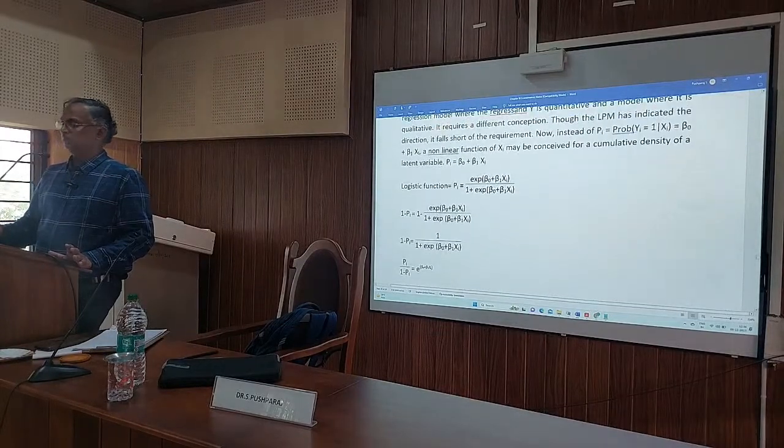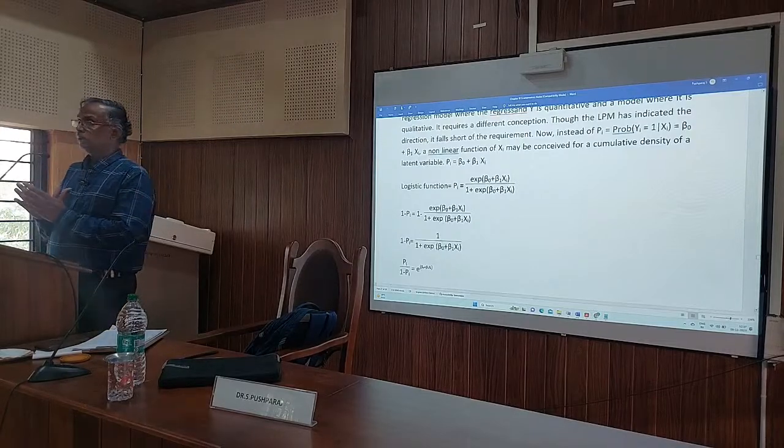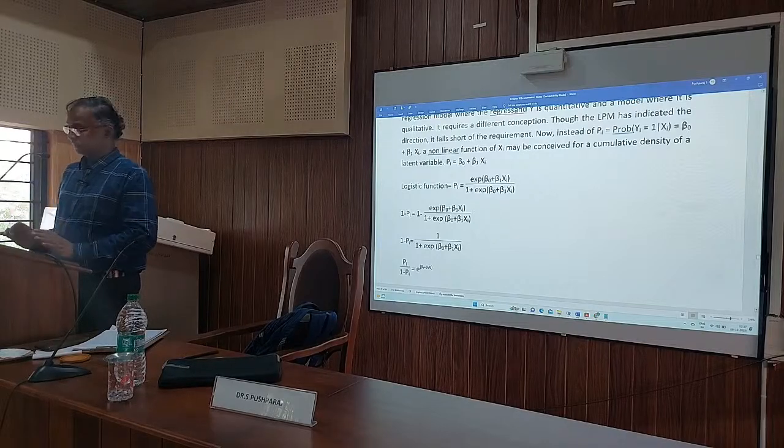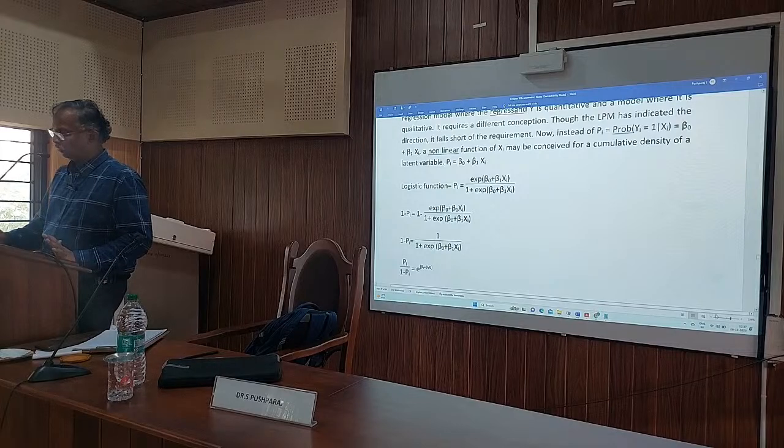Logit model, interestingly, is specified as this. Actually, I'll just write the specification of the logit model.